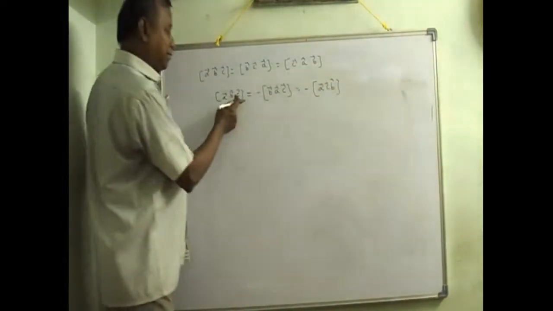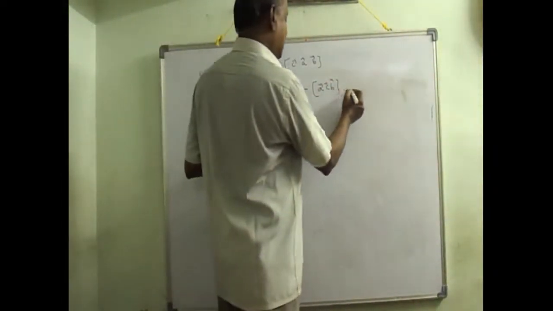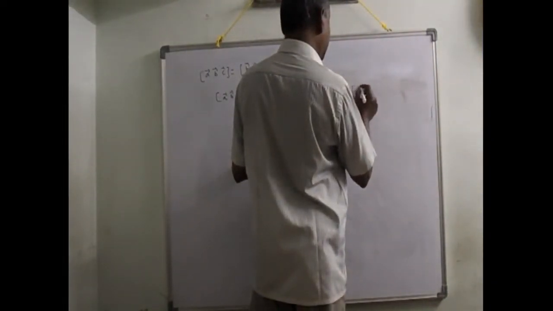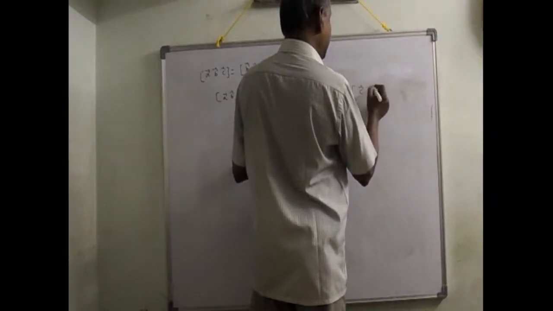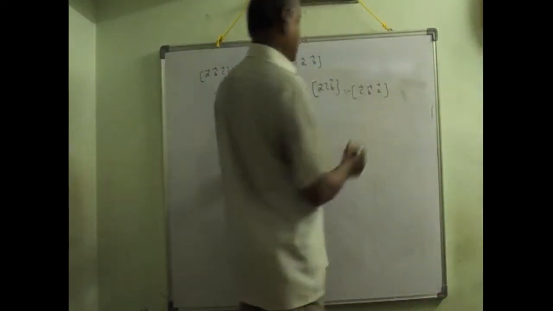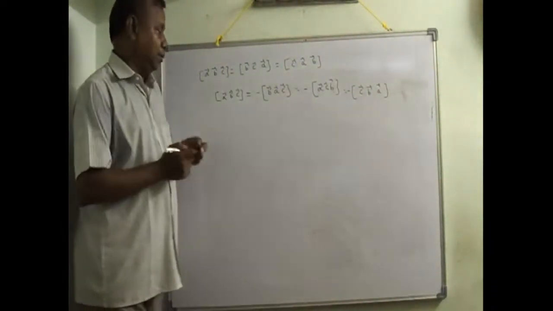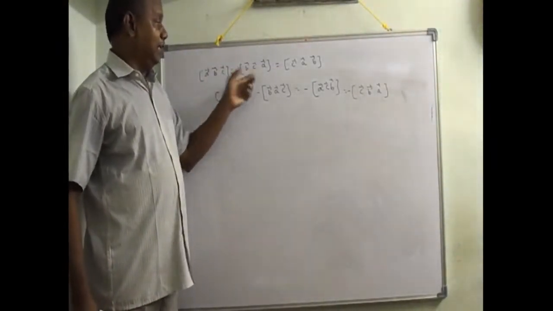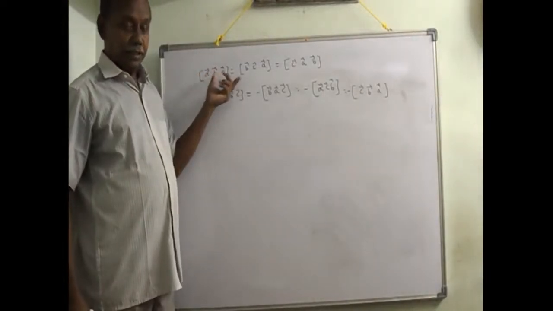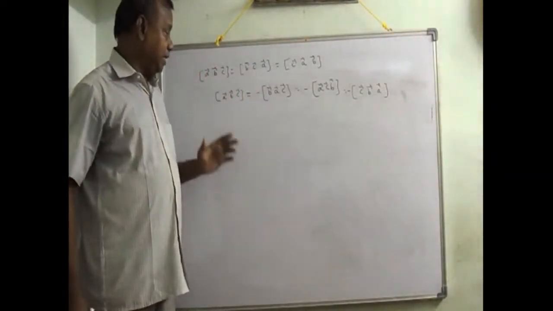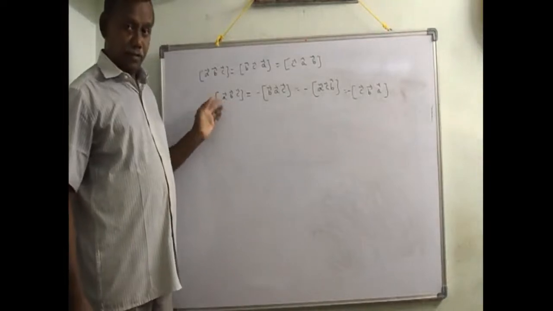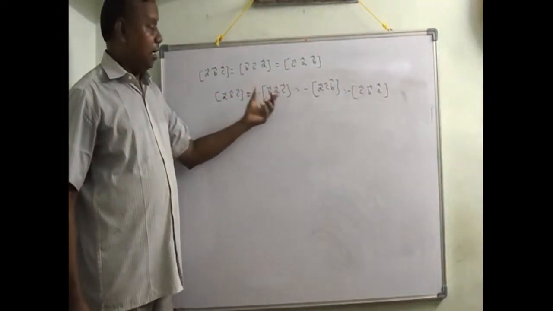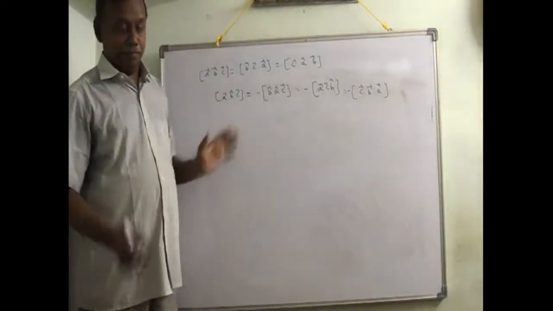Here I interchange B and C in the second case, which is equal to minus C vector, B vector, A vector. Cyclic permutation: if you take cyclic permutation in order, the result is unaltered. If you interchange any two of the consecutive vectors, the result becomes negative and the scalar value is the same.